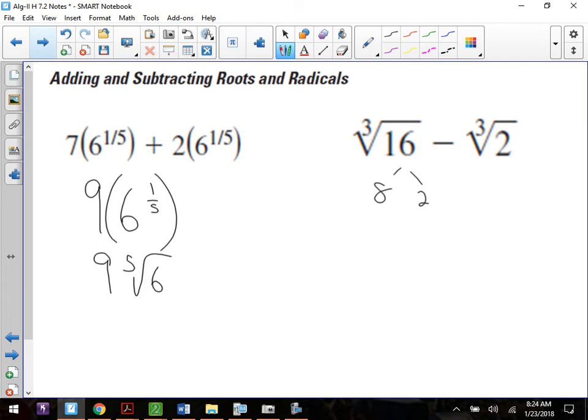The cube root of 8 is 2. So this can simplify first to 2 cube root of 2. And if I subtract 1 cube root of 2, what's 2 cube root 2 minus 1 cube root 2? 1 cube root 2. Because as soon as your nth roots are identical, treat it just like you would a variable, and you wouldn't have any issues.